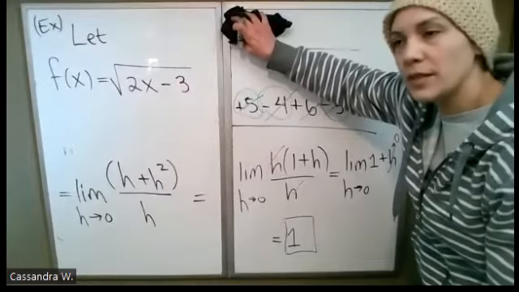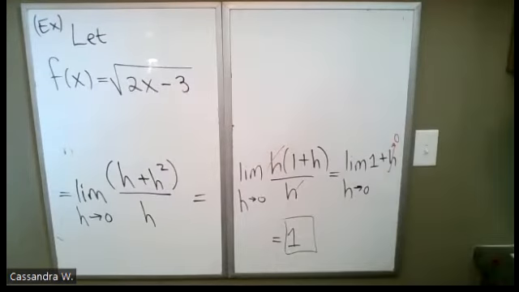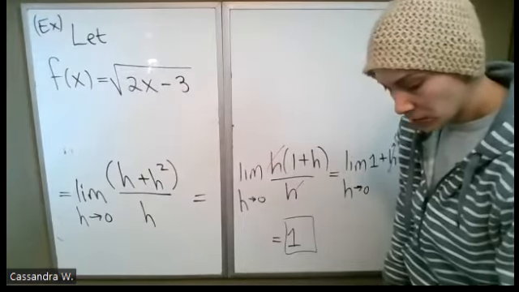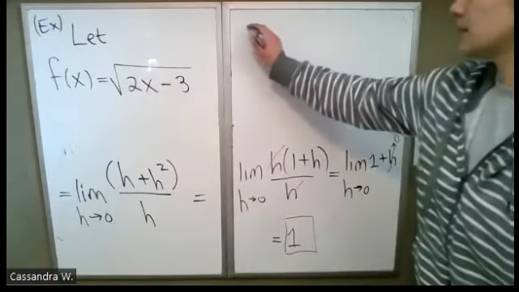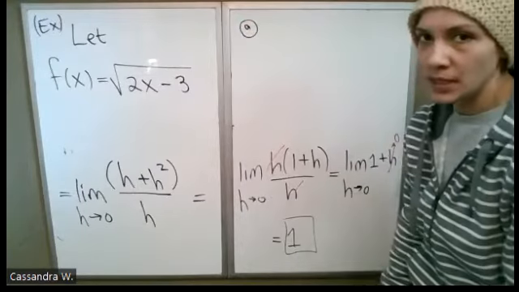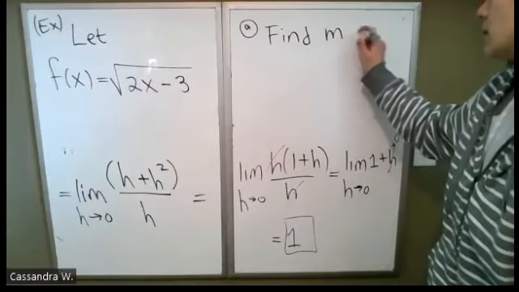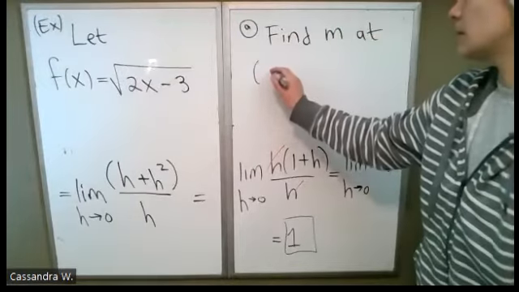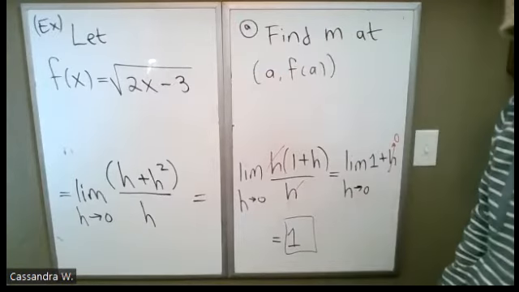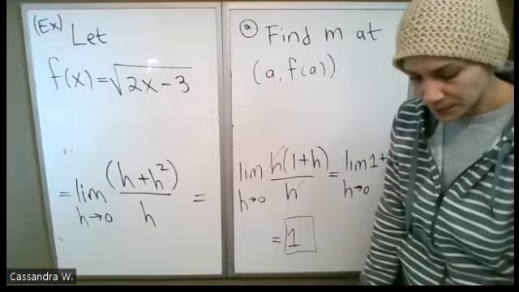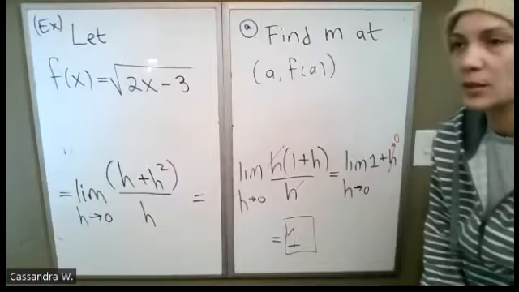We're going to find the slope of the tangent line, which we're calling m, at some general point, at some point a, f of a. This is the first part of this example, part A. There's going to be a part B. And we're using the second definition where we let h go to 0.